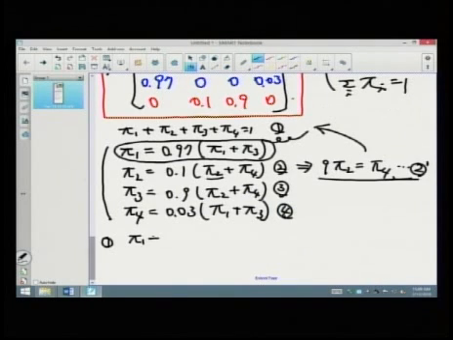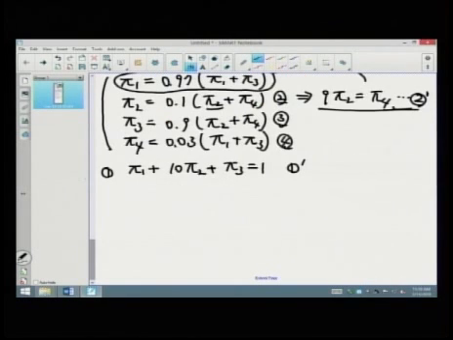Pi 1 plus pi 2 plus pi 4 is 9 pi 2, so it's got to be 10 pi 2, right? Plus pi 3 equals 1. And convert this to 1 prime. And then what about 3? It's going to be pi 3 equals what? It's 0.9 times pi 2 plus 9 pi 2, right?